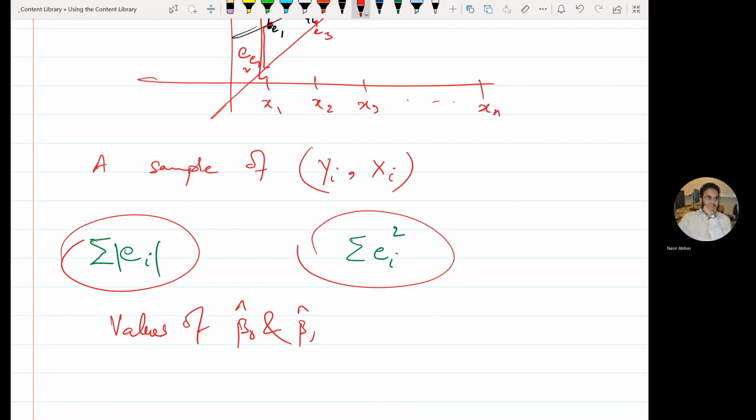Exactly the same. There is no difference. The ones that will minimize the absolute of errors, the same will minimize the squares of errors.